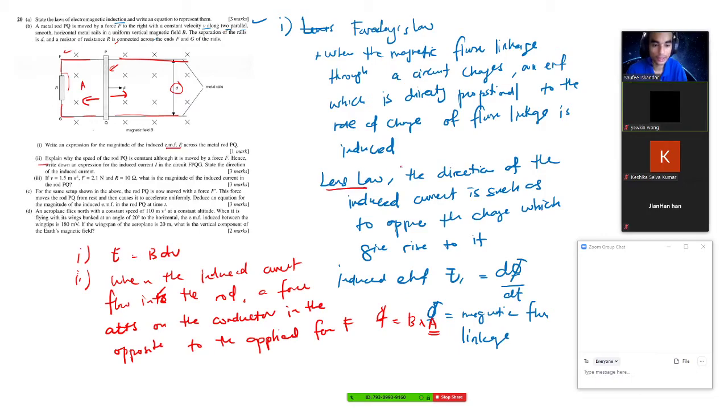Lenz's law says there will be a force opposed to the change that gives rise to it. So it doesn't want A to be increased, so there will be a force pushing back to the left side.